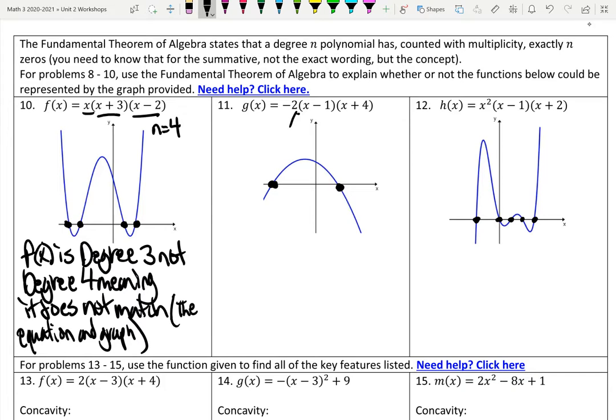Here, now this negative 2 is okay because look, x times x is going to be x squared, a degree 2.